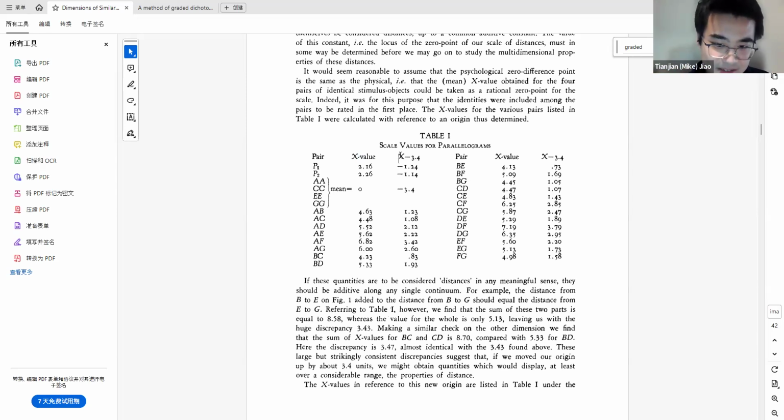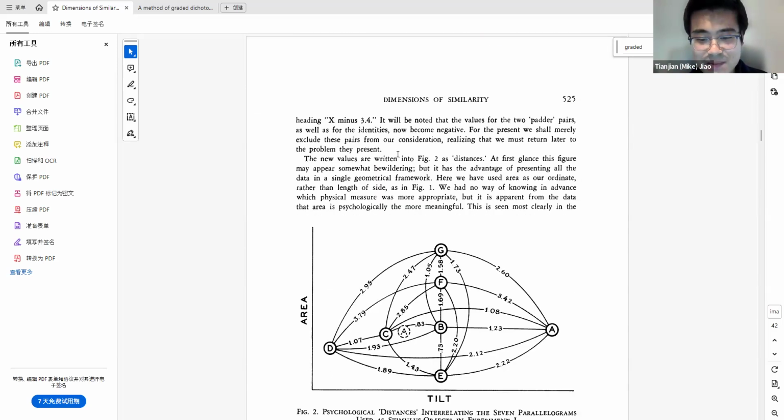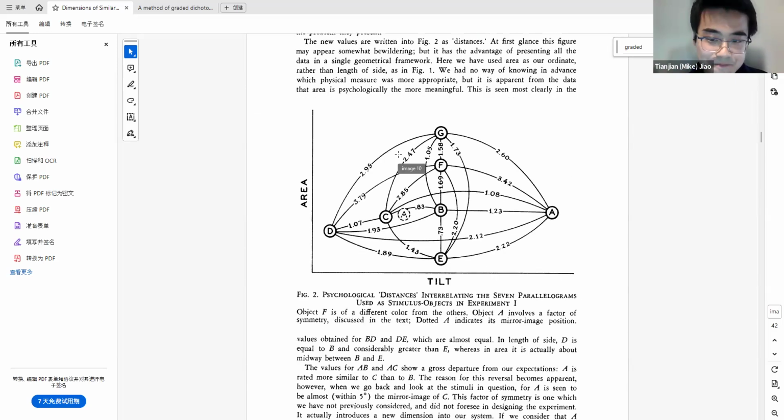Now, let's get into the more interesting aspect of the results. This is a geometrical representation of each of the 7 parallelograms and their relationship to each other. It's very difficult to understand.